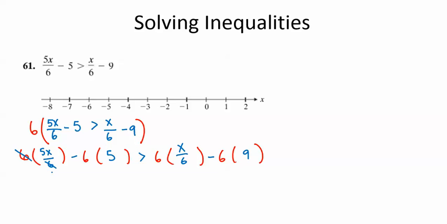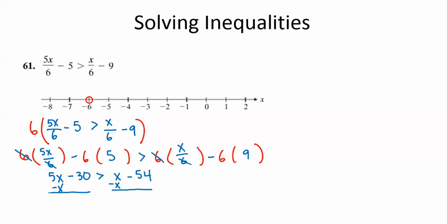These 6's will cross cancel and we get 5x. 6 times 5 is 30, greater than. 6's cross cancel. I have x minus 54. In this case, I will leave my x's on the left side. So I'm going to subtract x first.